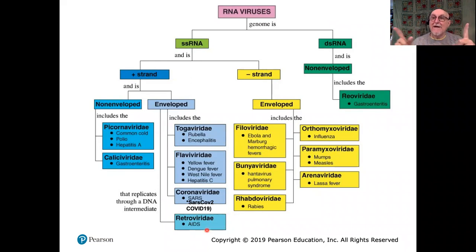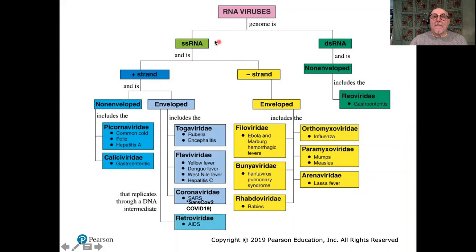They take messenger RNA and they reverse transcribe it to DNA. They then take that DNA and they shove it into the host genome and turn it into an HIV factory eventually. But their first reproductive step is to reverse transcribe their single-stranded positive RNA genome. So they are called the retroviruses.